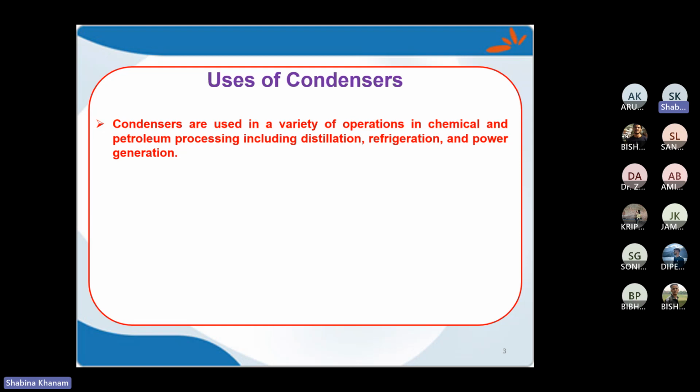That liquid returns to the distillation column, and we call it the reflux. L is the stream coming back to the column after the condenser, and D is the distillate. So L by D is called the reflux ratio. You already know that you cannot obtain the reflux ratio unless you pass the vapor through a condenser.